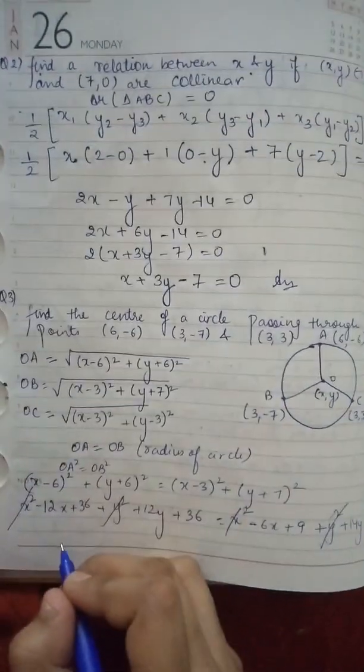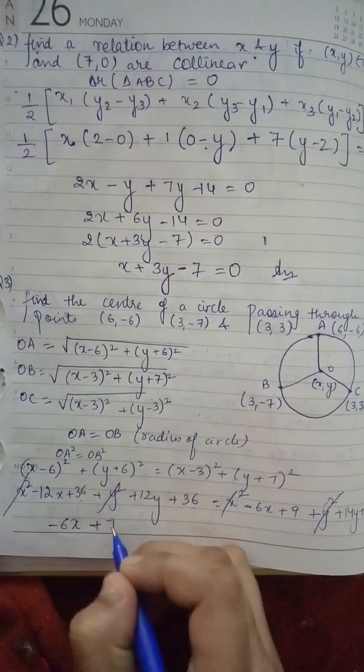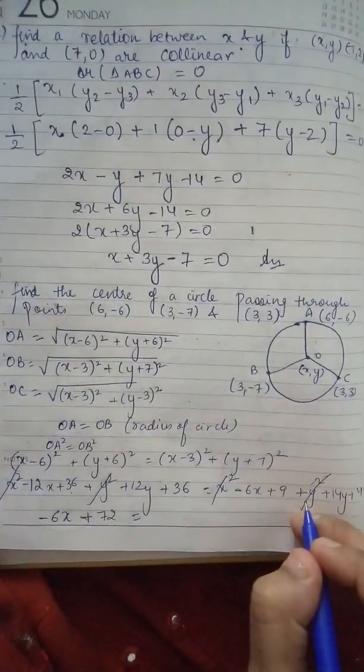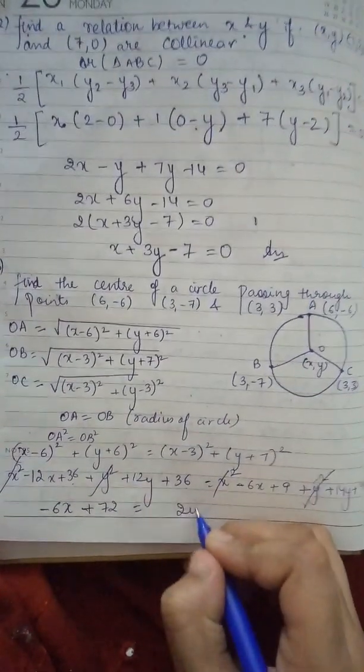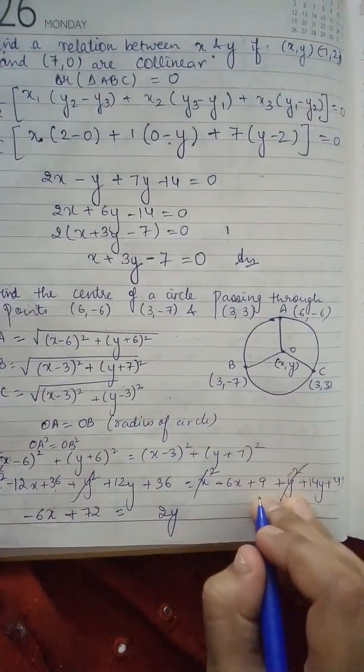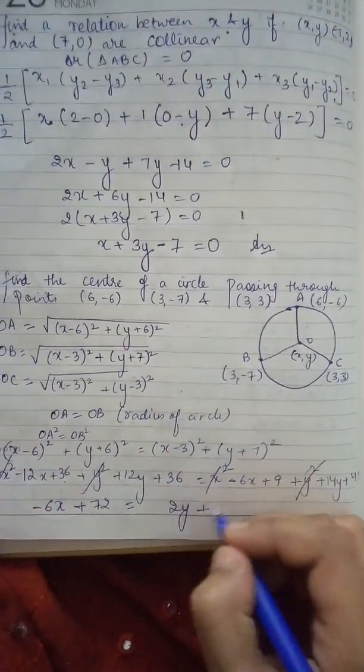This will come here and become minus 6x. 36 plus 36 is 72. 12y will go there and will become minus 12y, so 2y, and 9 plus 49 is 57.